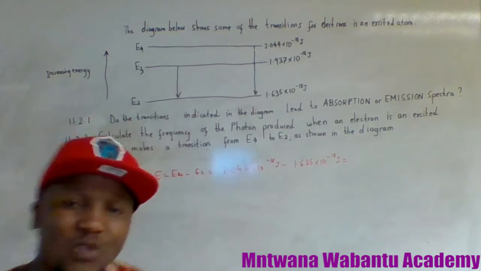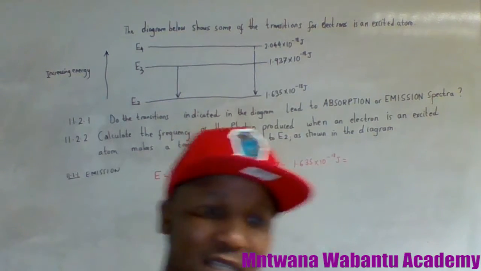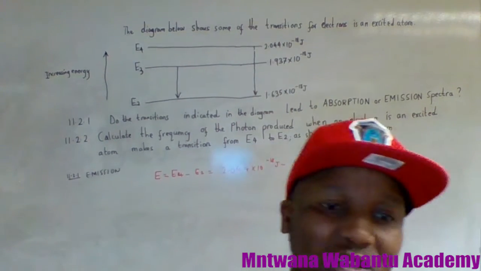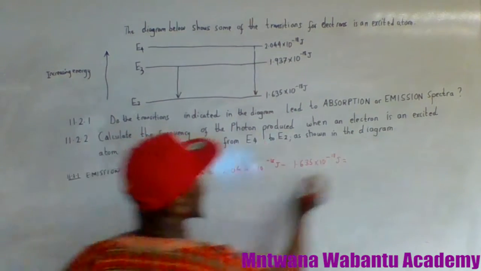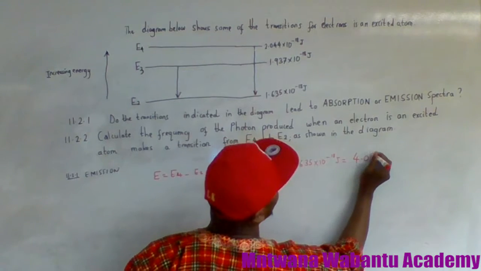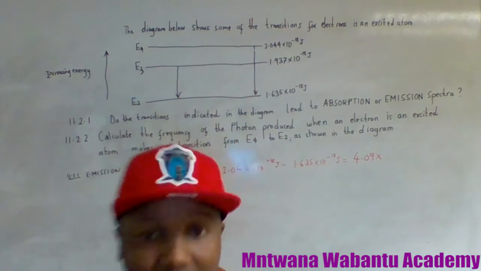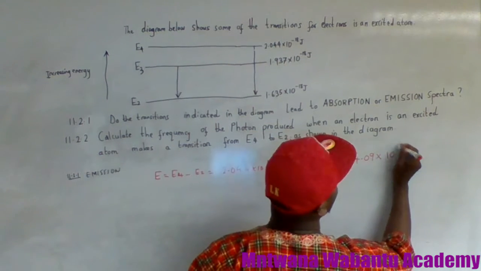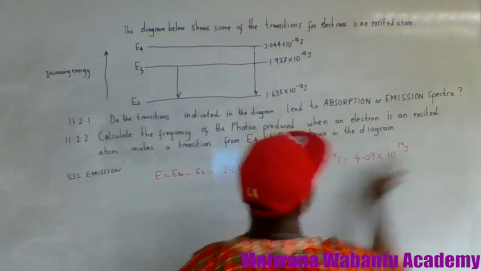Now the energy which is going to be emitted, plugging into a calculator, is 4.09 times 10 power negative 19 joule.